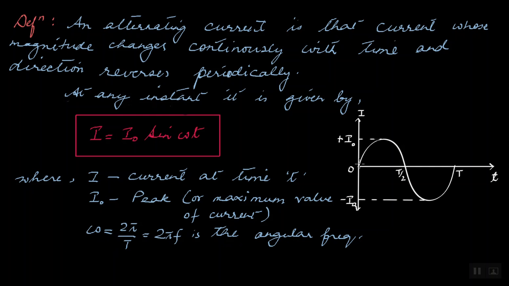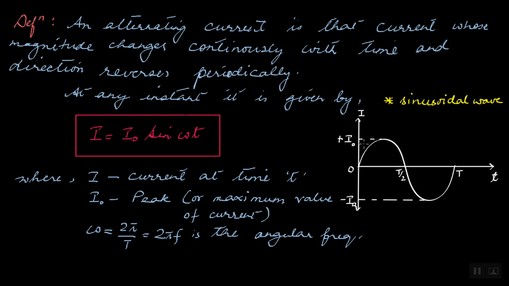Now if you look at the graph, this is how the graph looks like. Okay, it is a sinusoidal wave. What kind of a wave is it? Sinusoidal wave, basically because it is a sine wave. Understand? So from here the current grows and then it becomes maximum. This maximum value is I naught. That is called the peak value. This is in the positive direction.